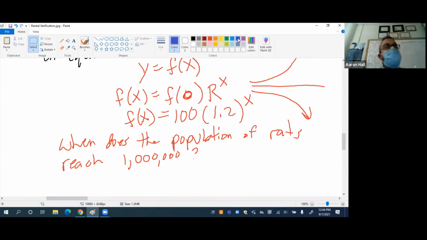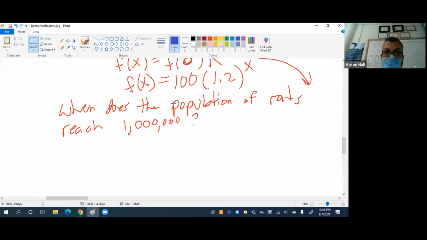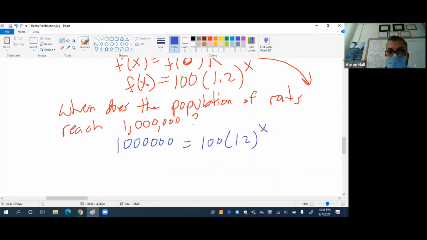This is my population. What does x represent? Time. So I'm going to have 1,000 here, or sorry, a million. I wanted a million. A million equals 100 times 1.2 to the power of x.